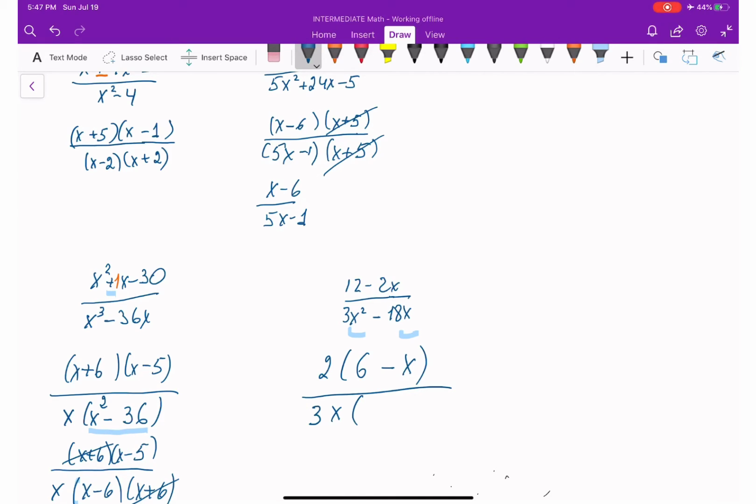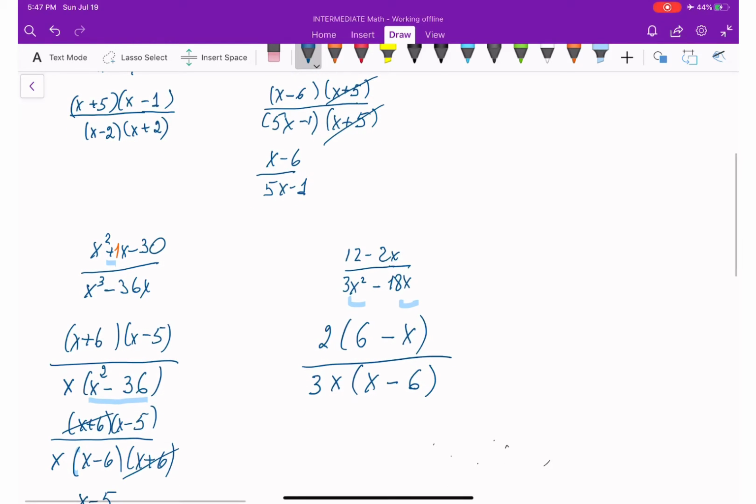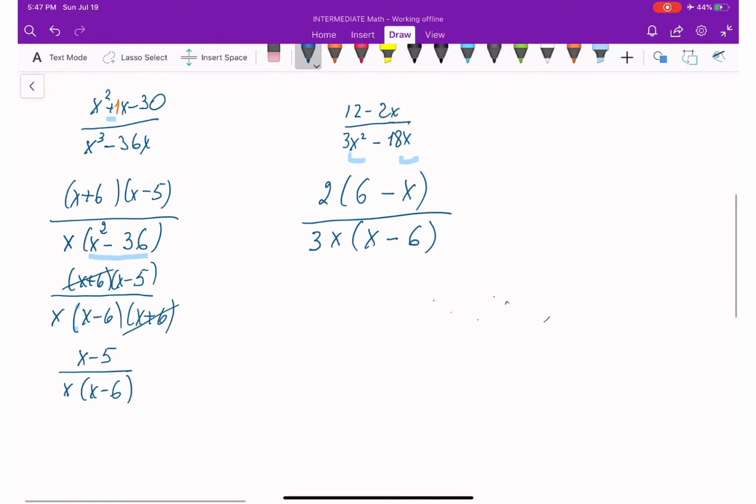So we will have x, and minus 18x divided by 3x is going to be 6. Here we are getting a very interesting situation. 6 minus x, x minus 6. Is it equal? Of course not. It's like 3 minus 2 is not equal to 2 minus 3. How are we going to do it?